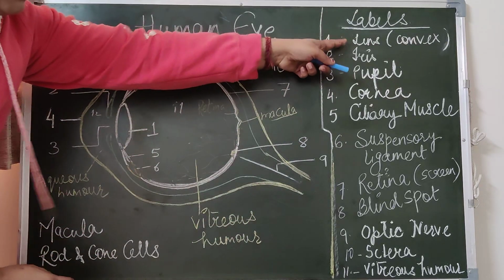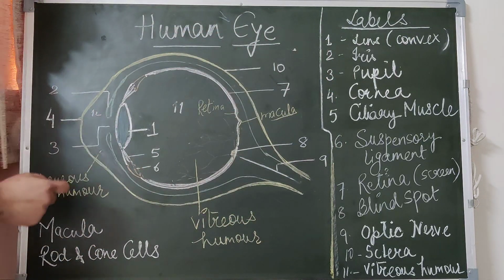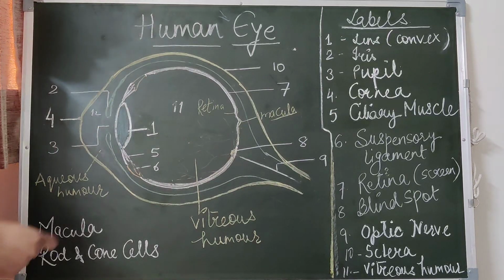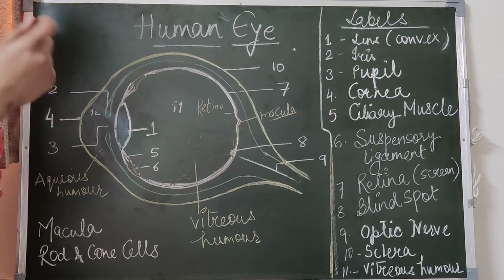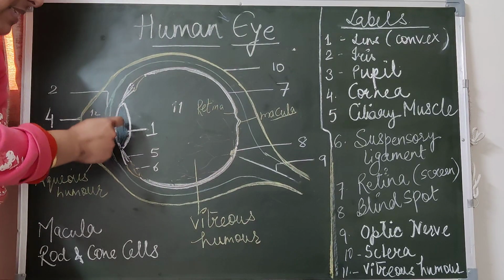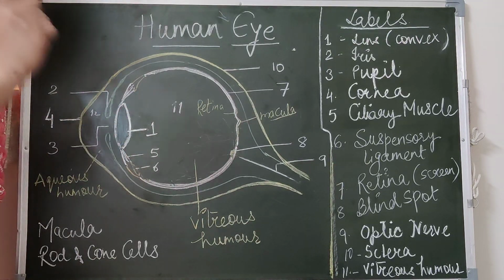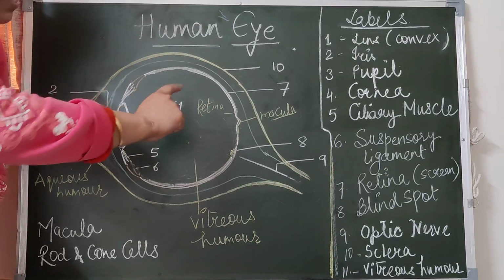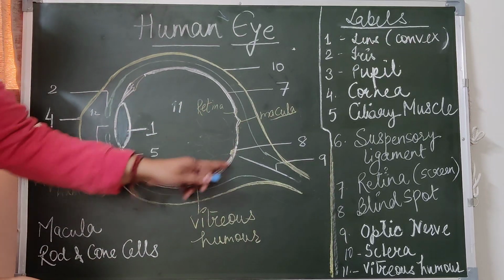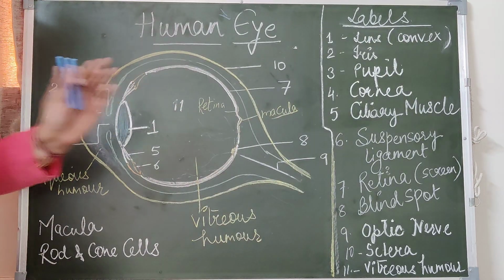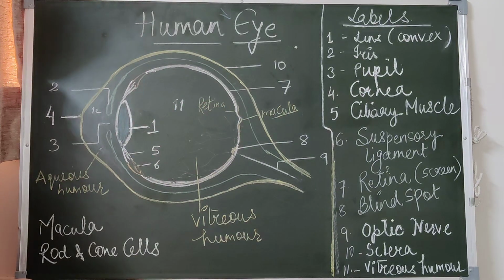I have written it there. Now what important thing, it is not made up of a glass or a plastic, it is made up of some tissues. So basically it is convex in shape. Very important thing, it is going to converge all the light rays to this point, which is the screen of the eye, which we will talk later on.